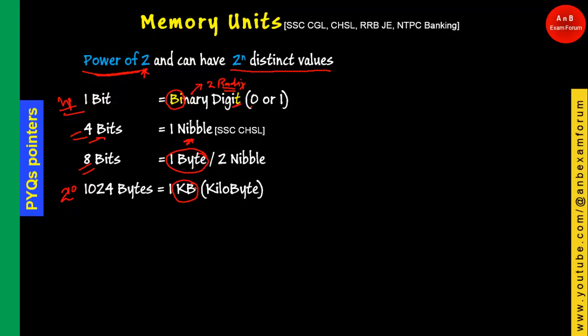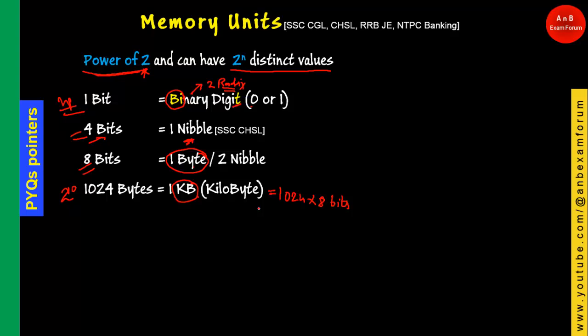So 1 kilobyte equals how many bytes? 1024 bytes. But if I ask you 1 kilobyte has how many bits? As you know, 1 byte is 8 bits. So your answer would be 1024 into 8 bits. I will write: 1024 into 8 bits will be there in 1 KB.